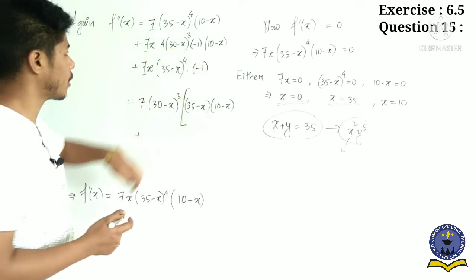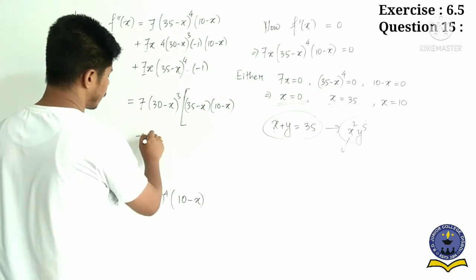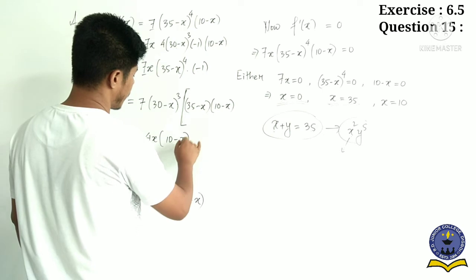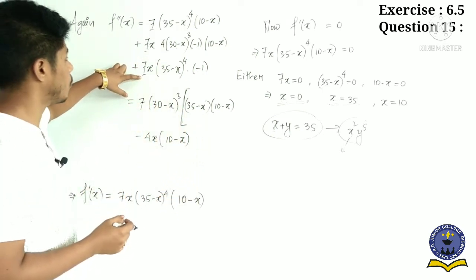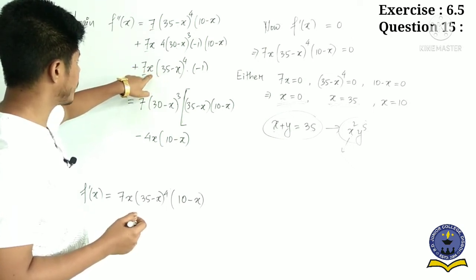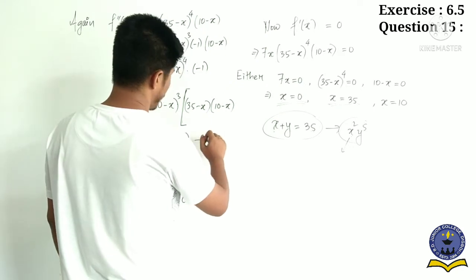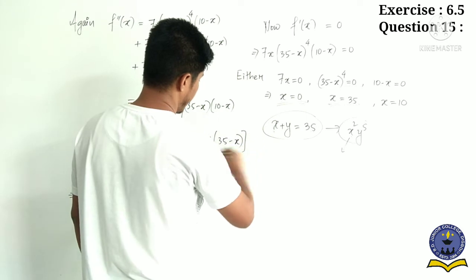Minus 4x into (10 minus x), so we write minus 4x into (10 minus x). And finally the last one: 7 common, so what will remain here? Minus x, and (35 minus x), so for the last one we write minus x into (35 minus x).